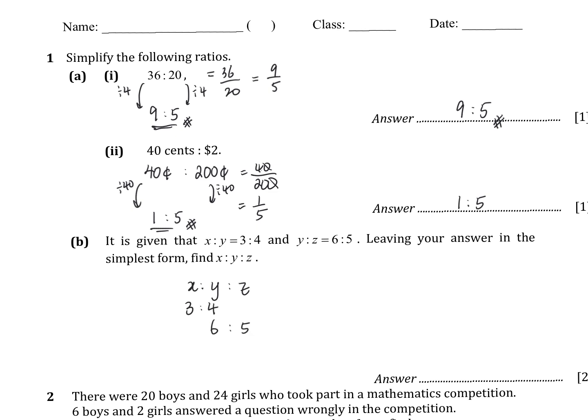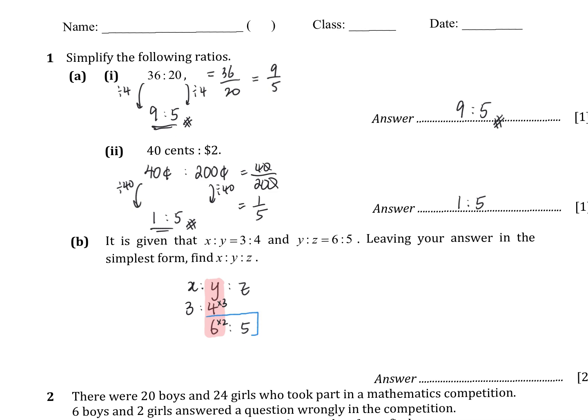Okay, so remember the overlapping unit is Y. I need to make them the same size. So both have to be 12. So I times 3 for 4 and I times 2 for 6. But remember, these two are on the same level.